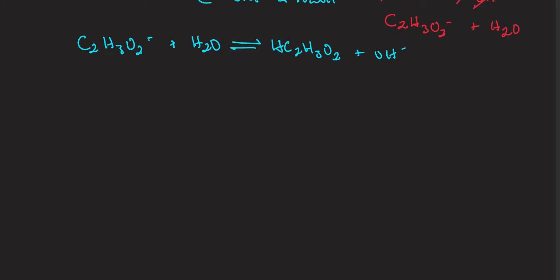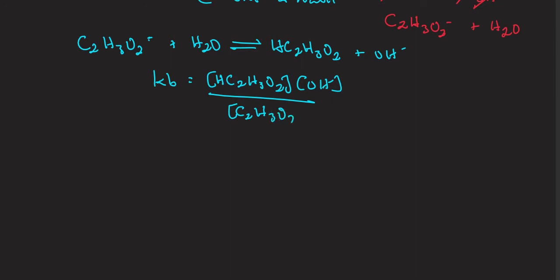We can then get a Kb expression from this. Kb, because it is behaving like a base according to the Bronsted-Lowry definition. But the problem right now is we don't know what our Kb value is.